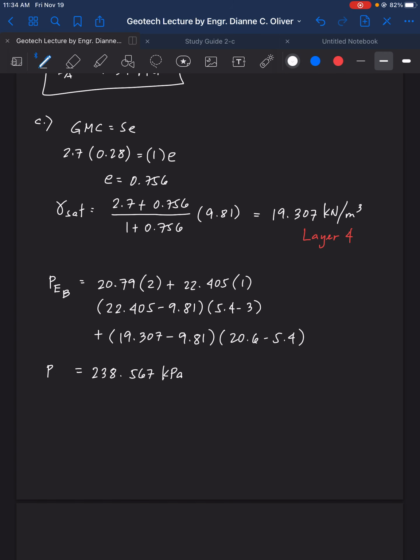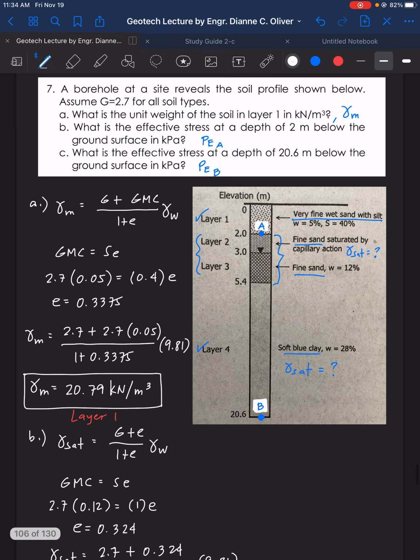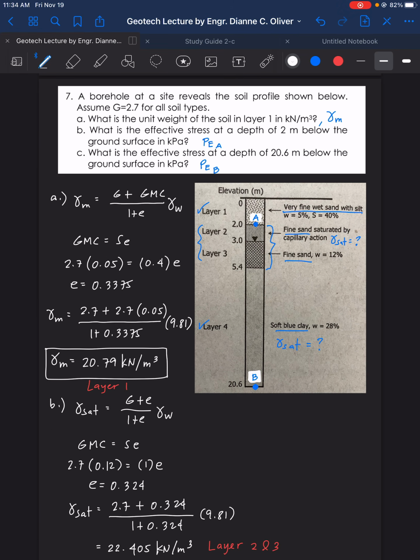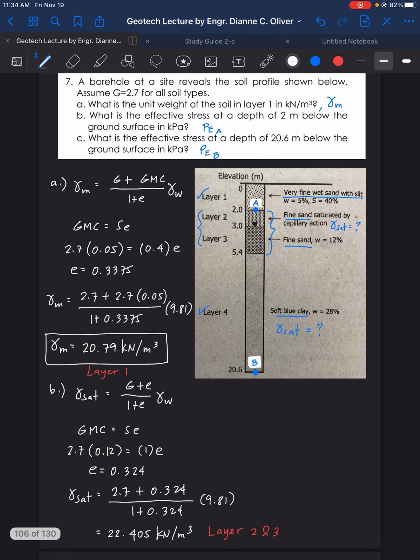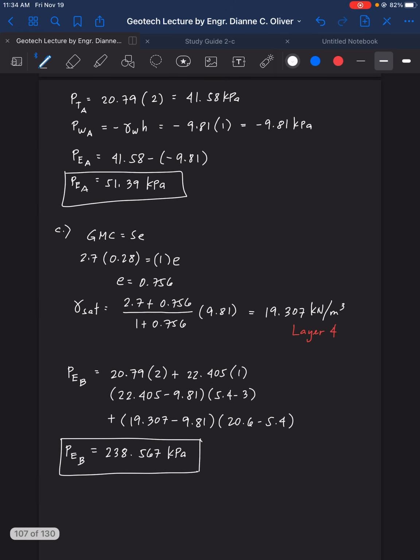So P effective at point B. So that's for letter C. Okay, so that's number 7. Screenshot first before we proceed to the next question.